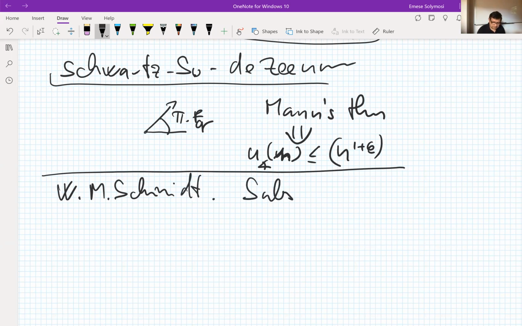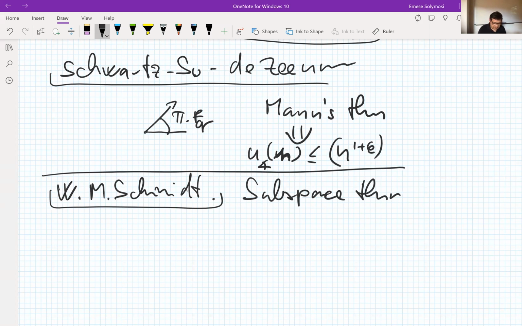The subspace theorem. I'm going to use a variant of that. Let me first state Wolfgang Schmidt's first result. What I'm going to say is a generalization of that.